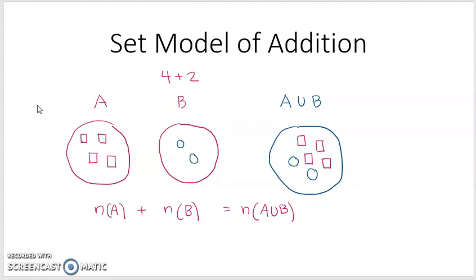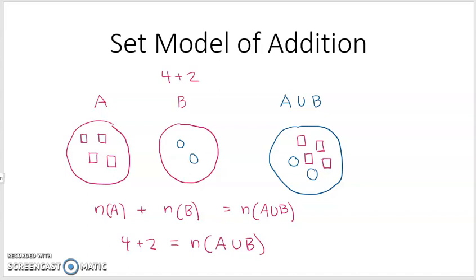If you have 4 elements in set A, 2 elements in set B, and those sets are disjoint, then we can say that 4 plus 2 is equal to the number of elements in A union B, the number of elements in that combined superset. The sum is what it's called. 4 plus 2 equals the number of elements in A union B.